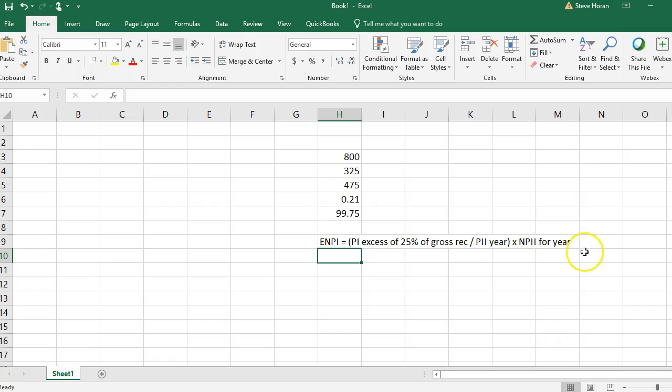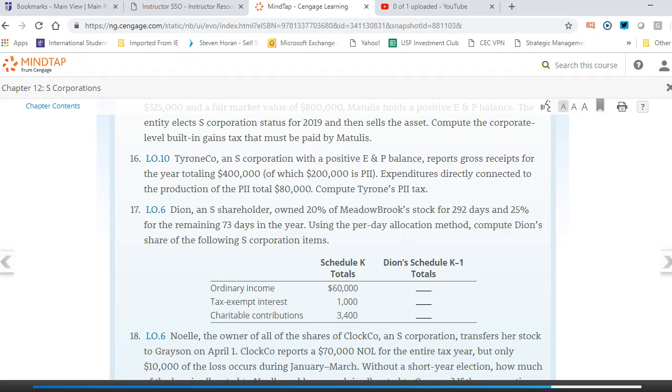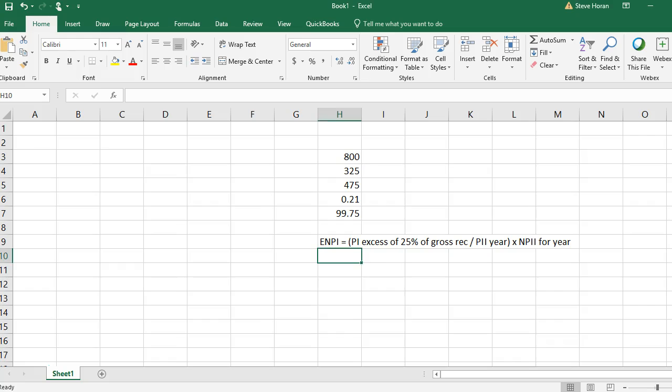So the income is this formula here. Going back to the question, we have 200,000 of PII. We have 400,000 of gross receipts, and then expenditures are 80,000. So we're going to take 200,000, and subtract from that 0.25 times 400,000.